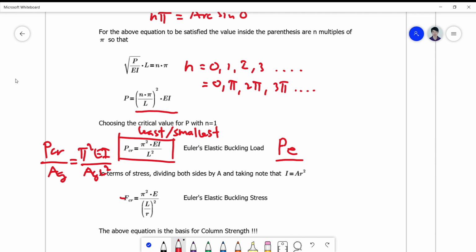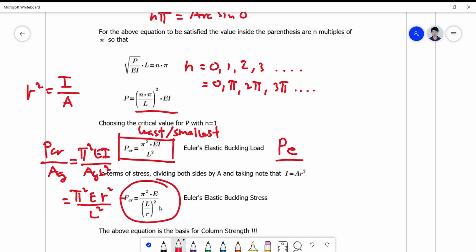So note that r squared is equal to I over A. So I over A becomes now what? r squared. So this becomes pi squared E r squared all over L squared. Or simply, you can make use of this equation as your Euler elastic buckling stress.